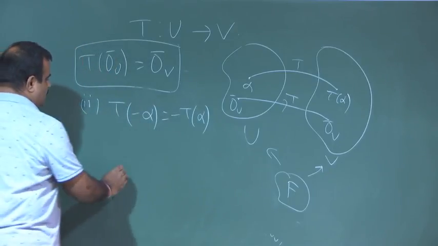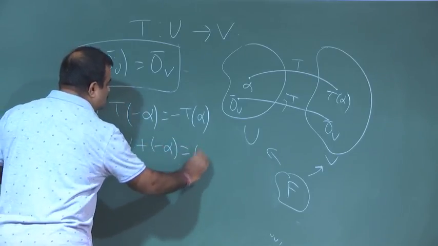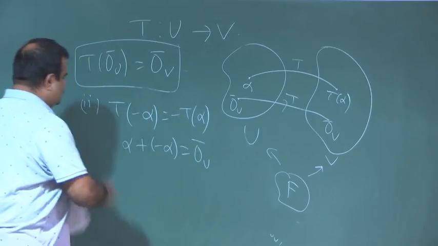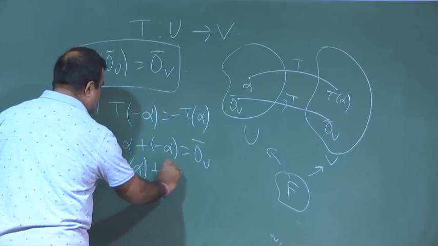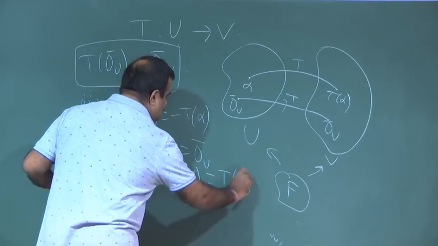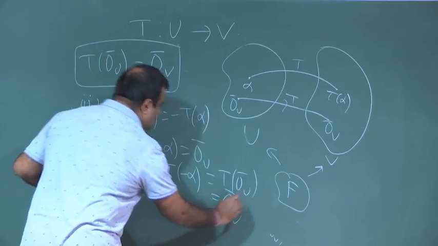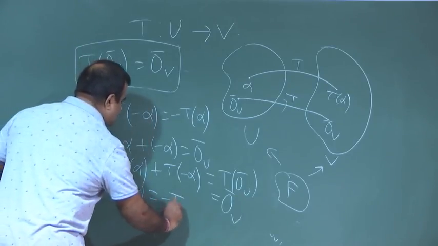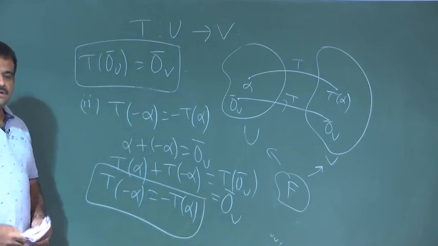We take alpha plus minus alpha, which we know is the 0 vector of U. Now, we take the transformation on this. Since T is linear, T of alpha plus T of minus alpha is equal to T of 0_u, and we have just seen this is 0_v. So, this implies T of minus alpha is equal to minus T of alpha. This is another result. Okay.